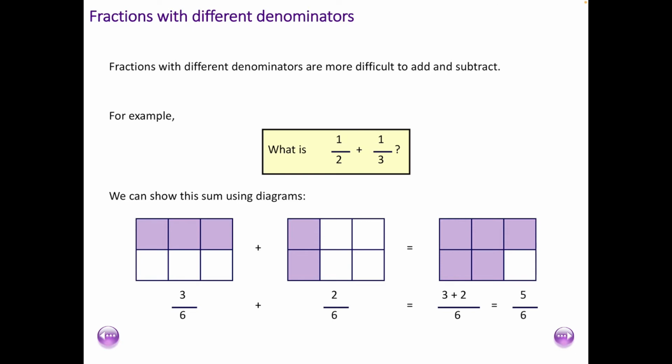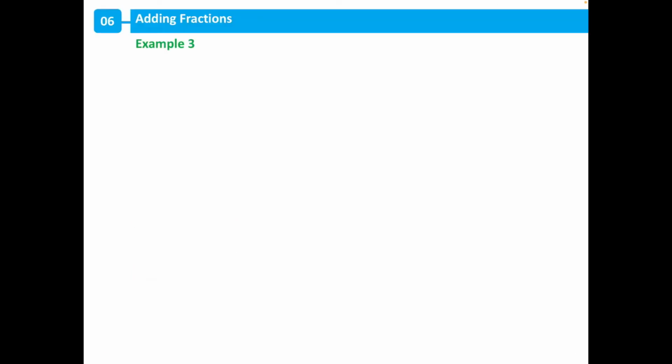Let's look at how we would solve this type of question without using diagrams. Example 3. Evaluate 3/5 plus 2/9. First, we can see that these two fractions do not have a common denominator.